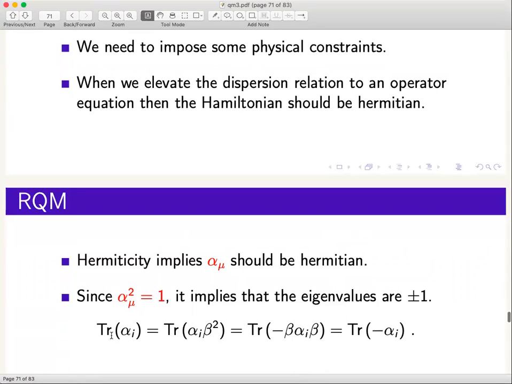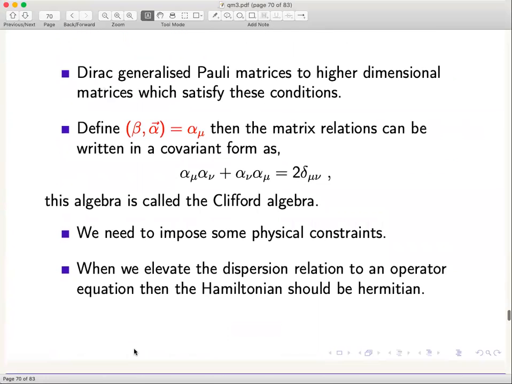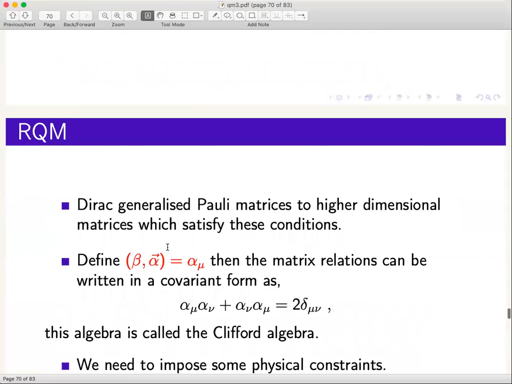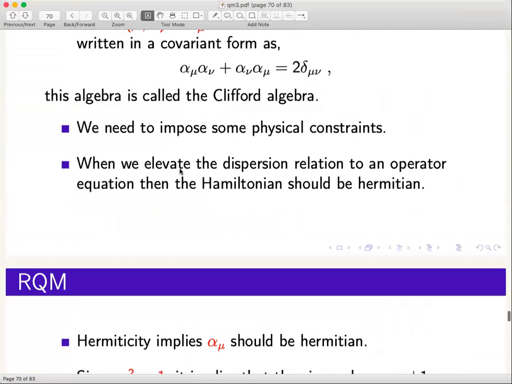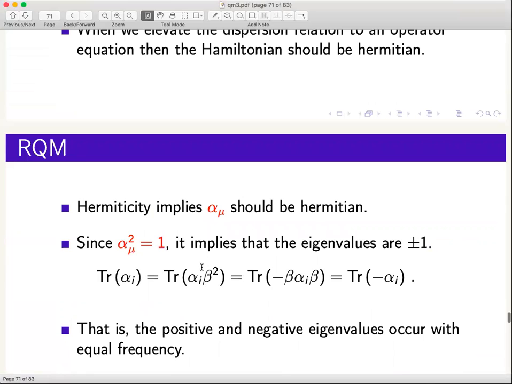In addition to that, you could ask what is the trace of the matrix. So you take the trace of, say, alpha I. Remember, beta squared is 1, right? So we could use that, and you can multiply by beta squared, which is like multiplying by the identity matrix. So the trace of alpha I is the same as the trace of alpha I times beta squared.